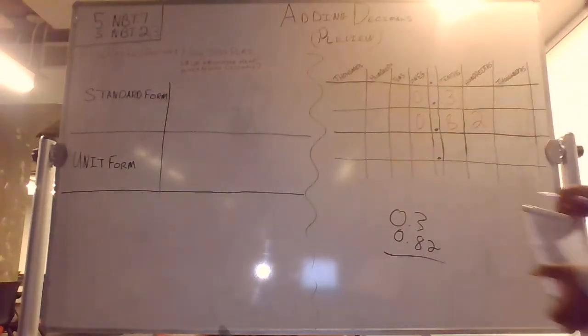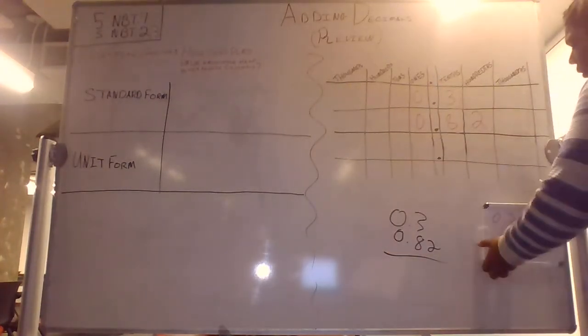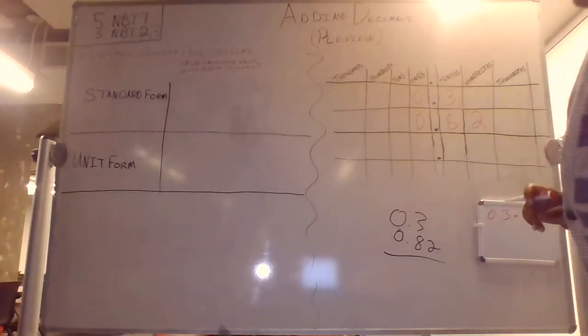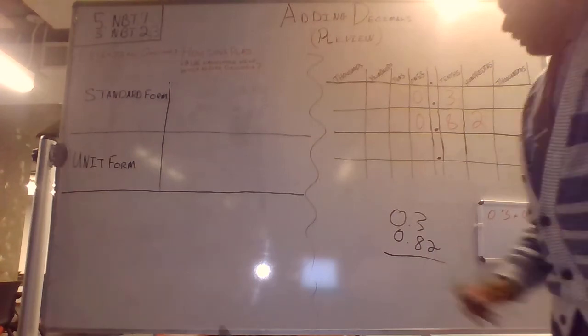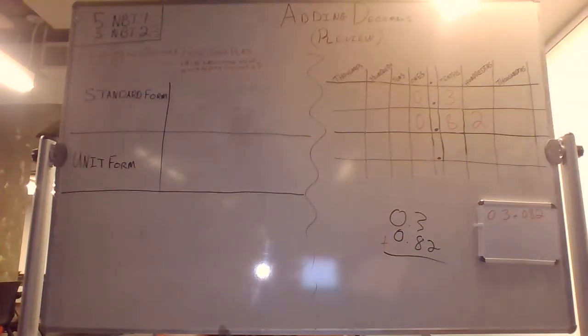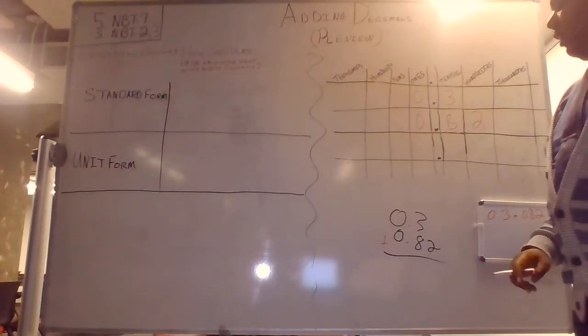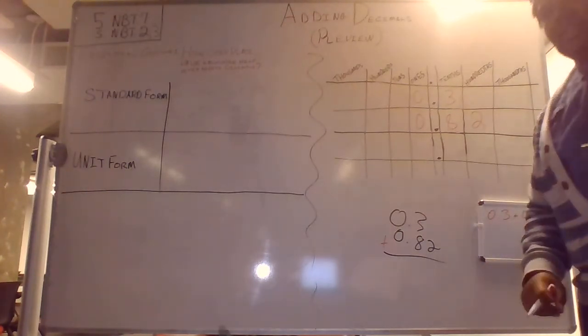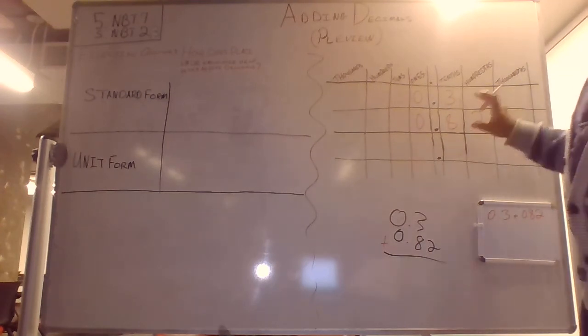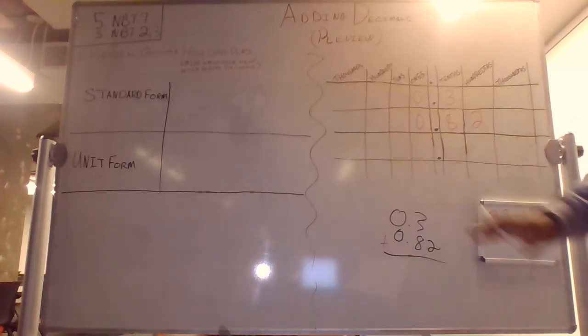Okay. If I wrote 3 tenths plus 82 hundredths as a standard algorithm of addition, this is what it would look like. However, there's something missing. If you notice, there's a difference between this expression and the expressions that we've worked with before.